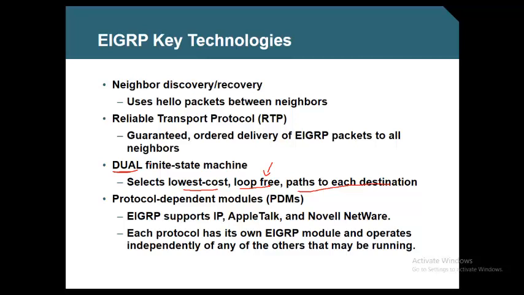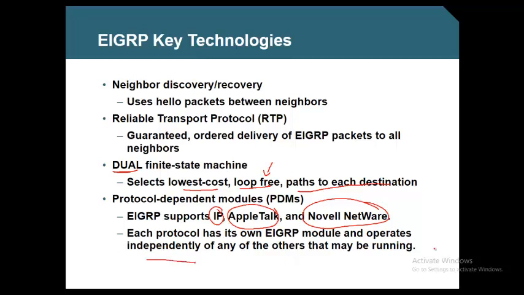This last point, PDM, we have already seen. Protocol dependent module, meaning for each layer 3 protocol, there is a separate EIGRP designed. So they're all independent of each other.